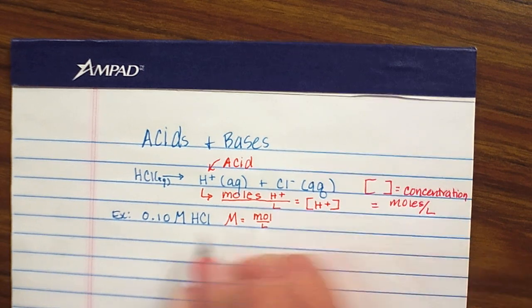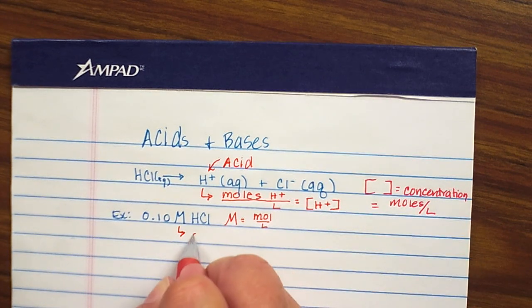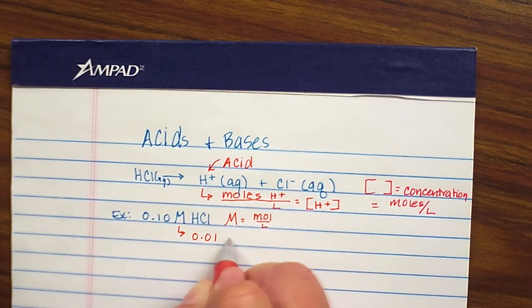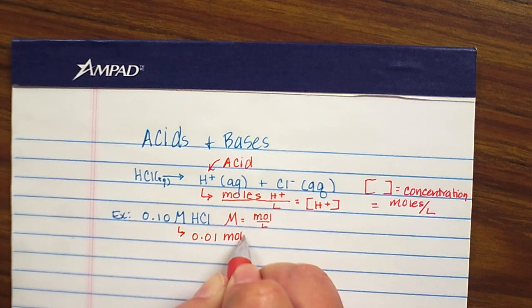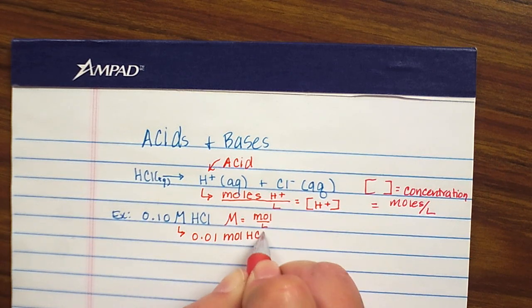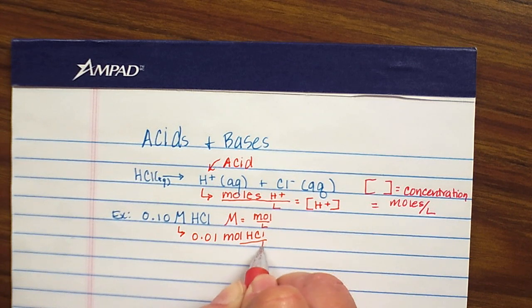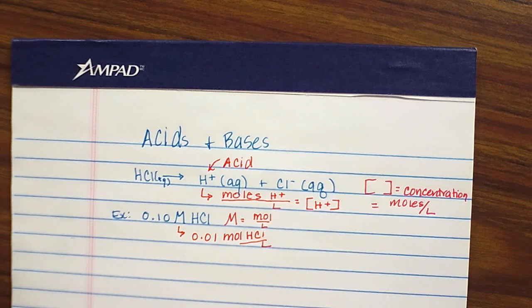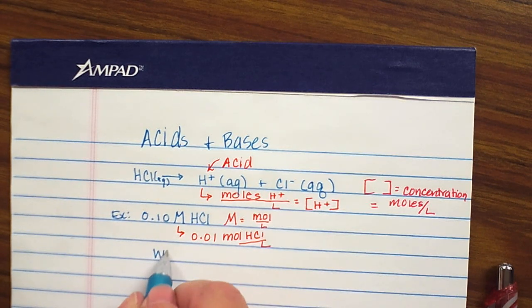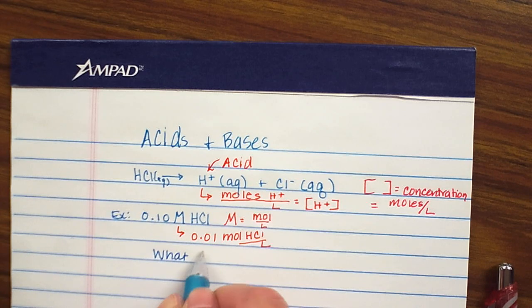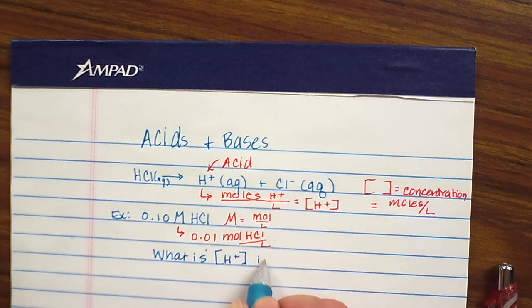So that means that what I have here is 0.10 moles of HCl per liter of solution. Okay? So now what I want to know is what is the concentration of H plus in the solution?